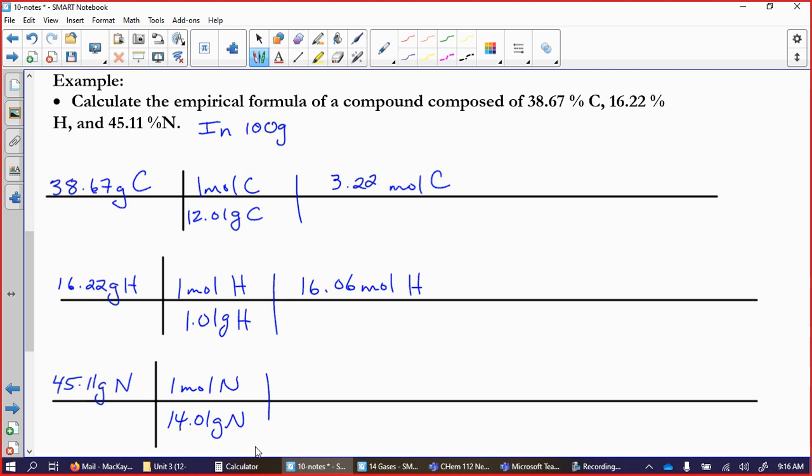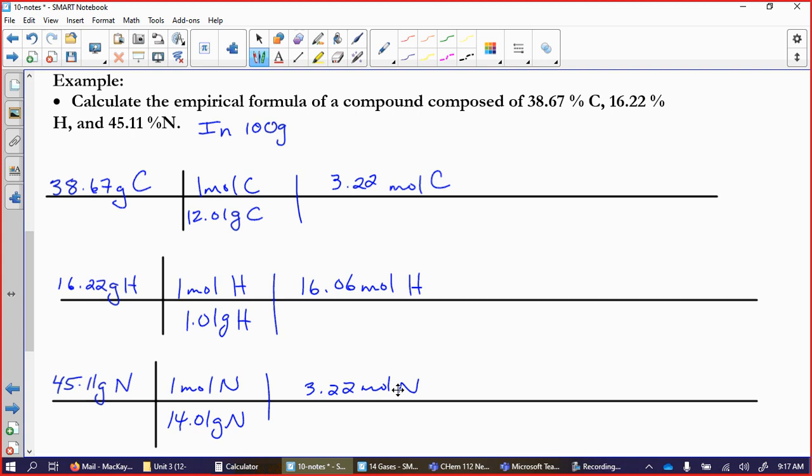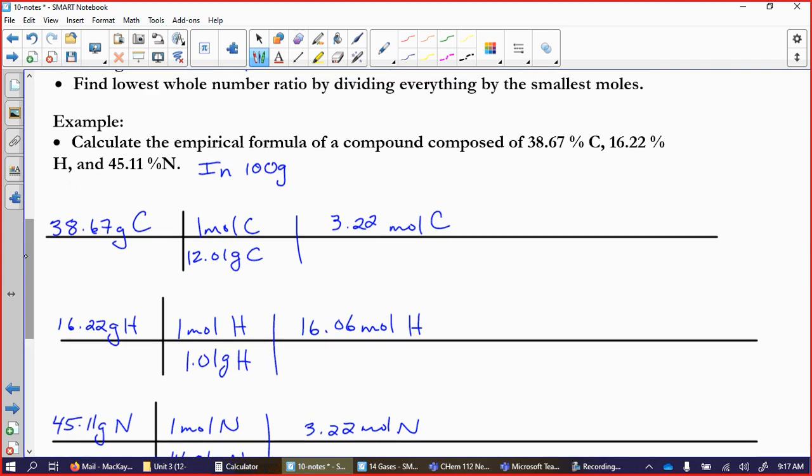So we convert each percent as a mass into moles. So we have 3.22 moles of carbon, 16 moles of hydrogen, and 3.22 moles of nitrogen.